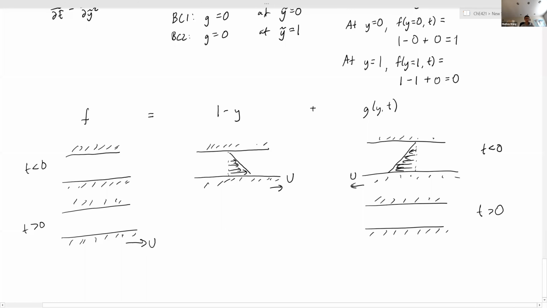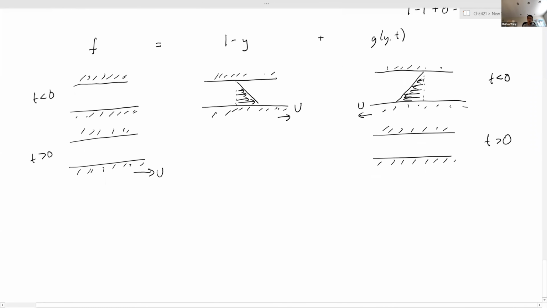Okay. This works out in general because the partial differential equation is linear.